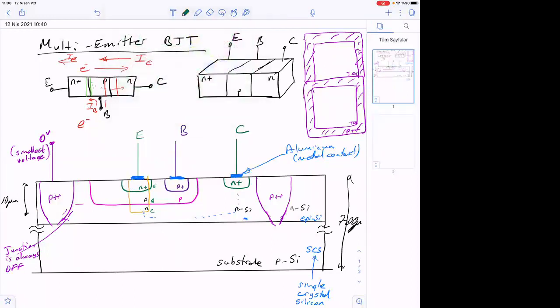But in order to get a reduced resistance in there, typically people do doping here.